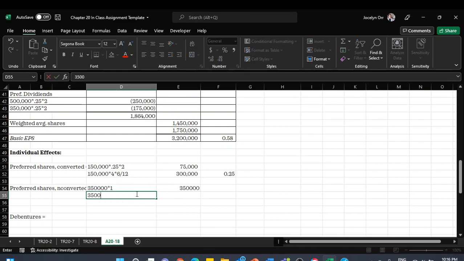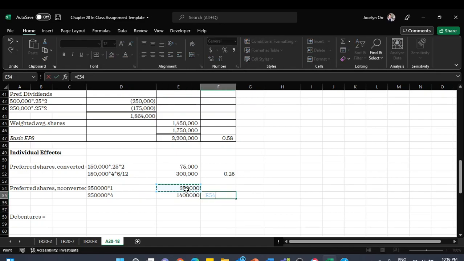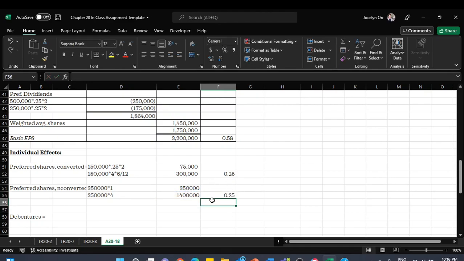And if we did the conversion, it would turn into 4 common shares. The individual effect of that being again 25 cents.